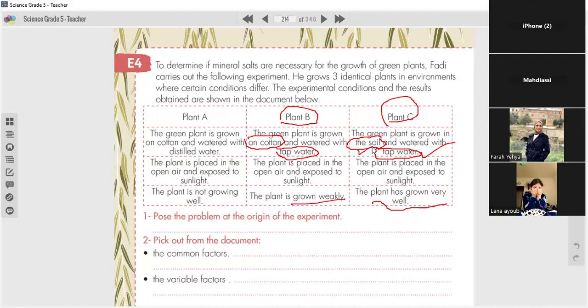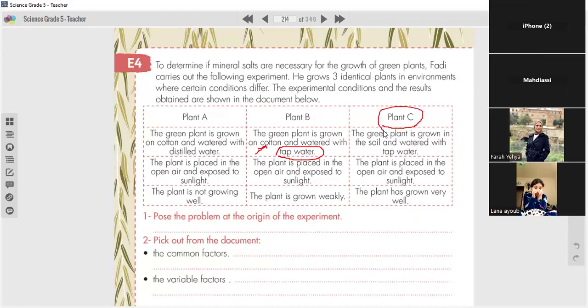That's why plant C grows better than plant B, because plant B is only taking mineral salts from the tap water, but doesn't take mineral salts from the cotton. Is it clear? So plant C is taking extra mineral salts from the soil and from the tap water.